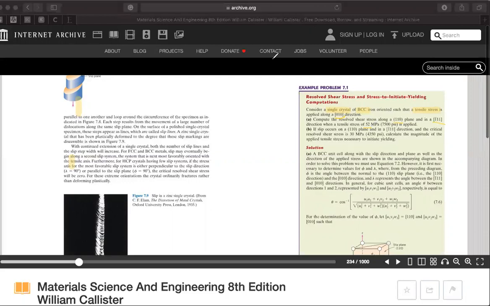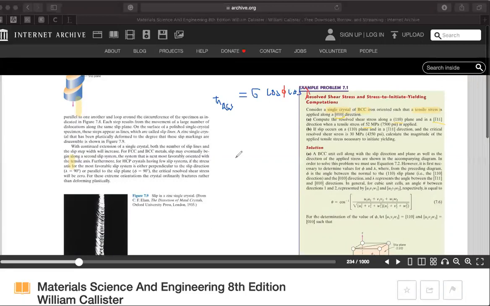Then the things are very easy, because we're going to apply the equation. The resolved shear stress equals sigma times cosine phi cosine lambda.